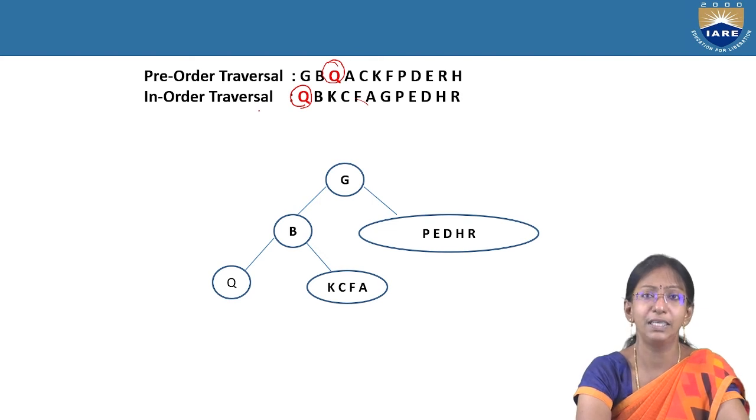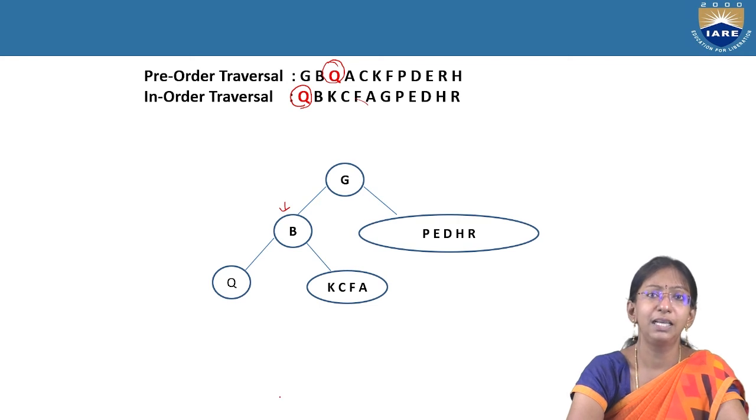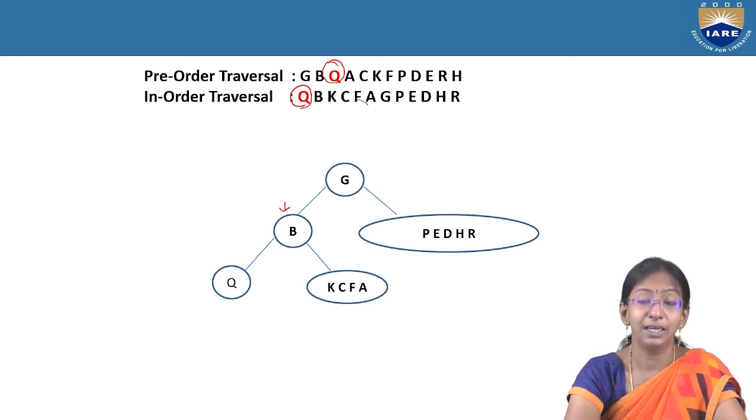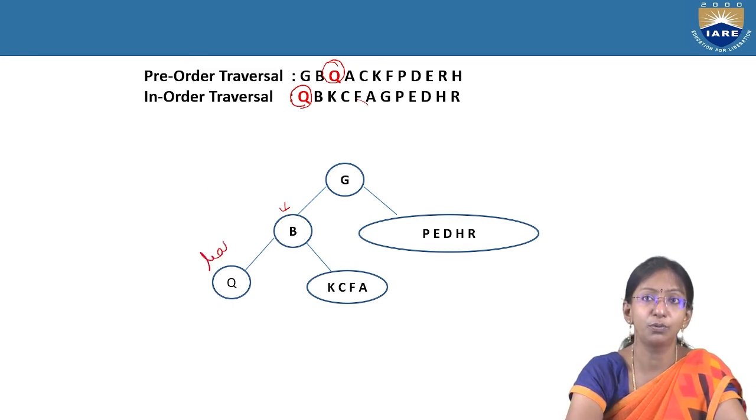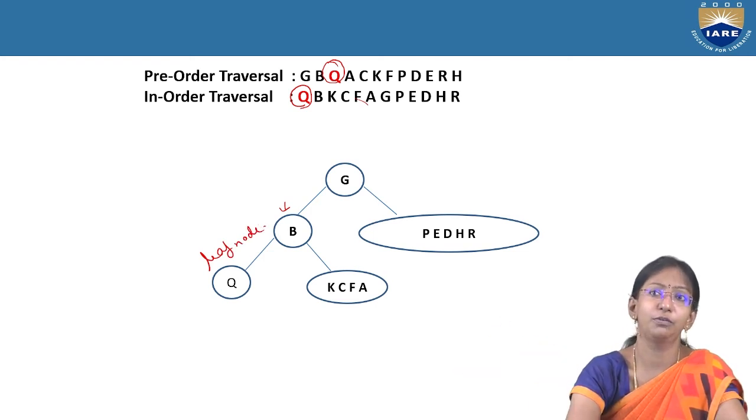No, we do not have any elements on the left side of Q. Coming to the right side, even though we have B, B has already been used as the root of the left subtree of G, so we cannot reuse it. That itself tells you that Q is a leaf node, because it does not have any right child or left child. It is a leaf node.